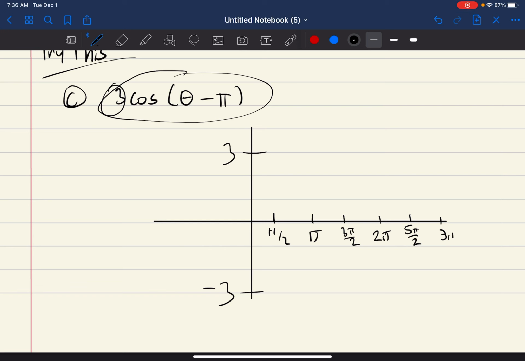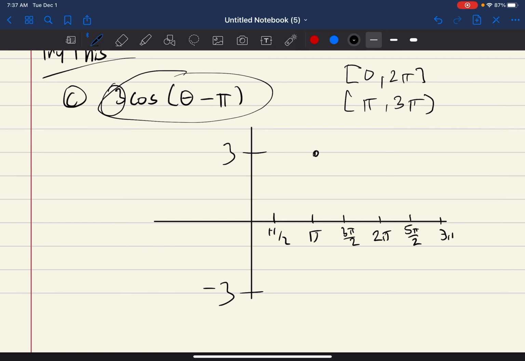So originally, just remember it was 0 to 2 pi. Now it would be pi to 3 pi. So now the shift goes to here. It will start right here.